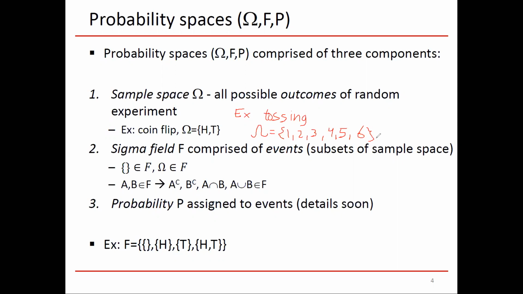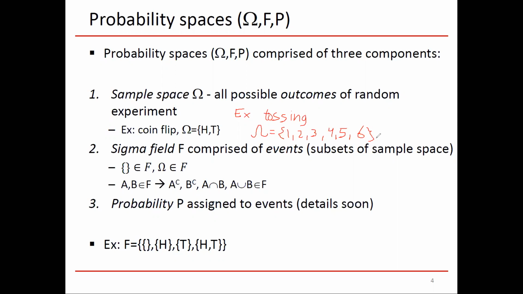If A and B are events in F, then their complements must be in F. So A complement and B complement must be in F. And secondly, if A and B are both events in F, then their intersection must be in F. Now, if their intersection is in F and their complements are in F, it can be shown that their union also needs to be in the set F.